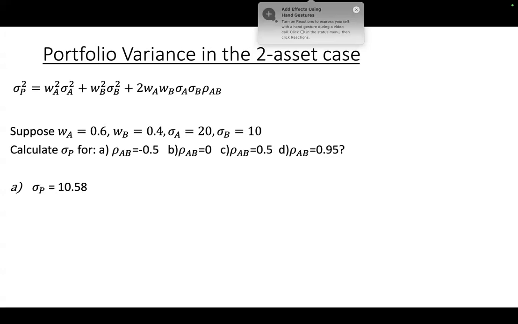In that case, the portfolio's standard deviation is 10.58. As it increases from -0.5 to 0, portfolio risk increases to 12.65. When it's 0.5, it's 14.42. When it's 0.95, it's 15.85. And it makes sense.